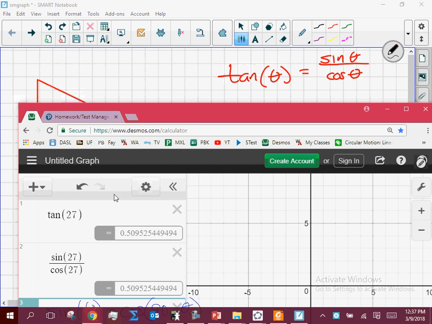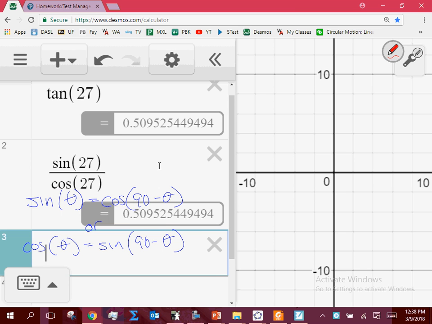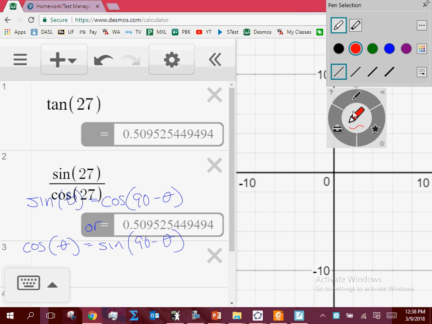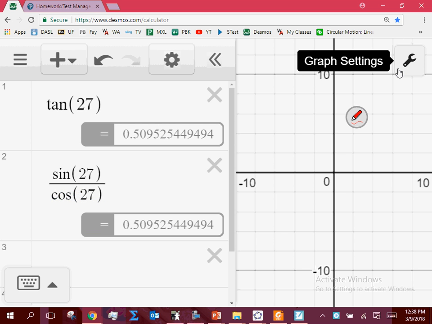Does it give me back the exact same decimal? Okay, so that's a relationship that is important for trigonometry. Tangent is the same thing as sine divided by cosine. Okay. Now you have to use the same theta. Okay, it has to be common.